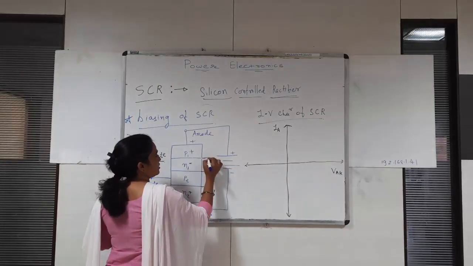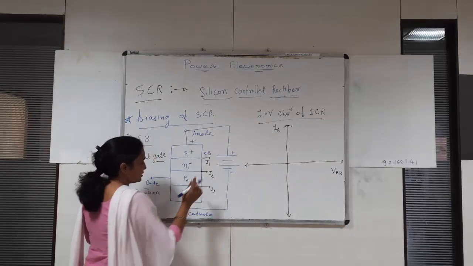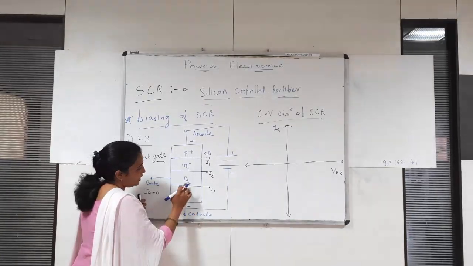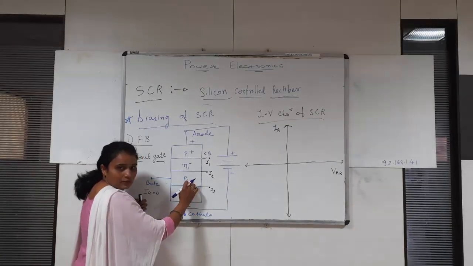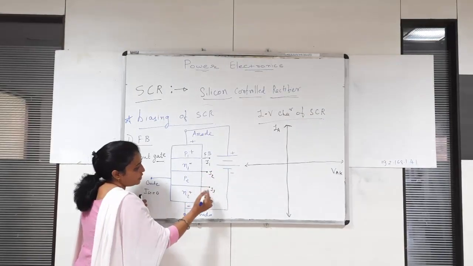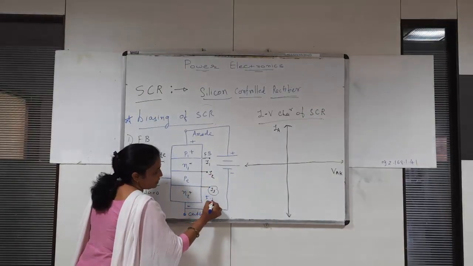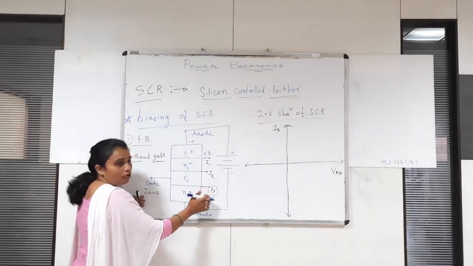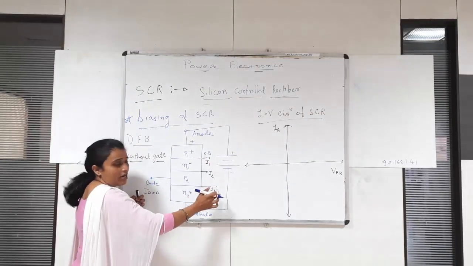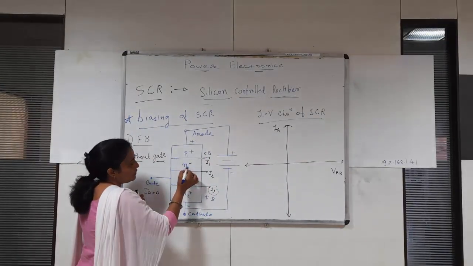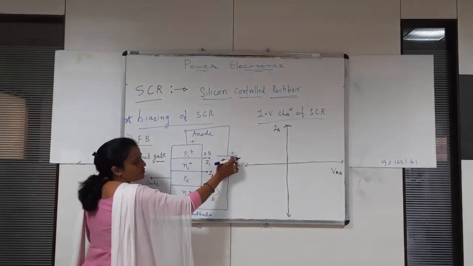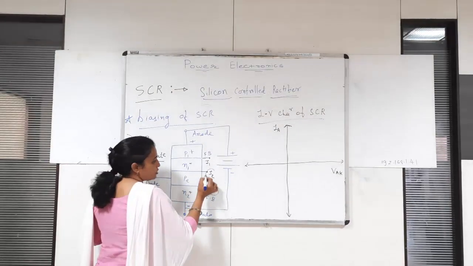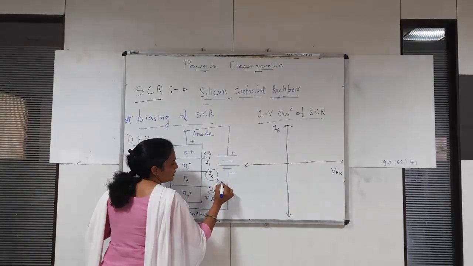So junction J1 acts as forward biased. In the same way, this N2 layer is connected to the negative terminal of the battery and P2 is connected to the positive terminal of the cell, so J3 also acts as forward biased. So out of these 3 junctions, J1 and J3 both work as forward biased. But this N1, which is negative, is connected to the positive of this cell, so it is in reverse bias. So junction J2 acts as reverse biased.